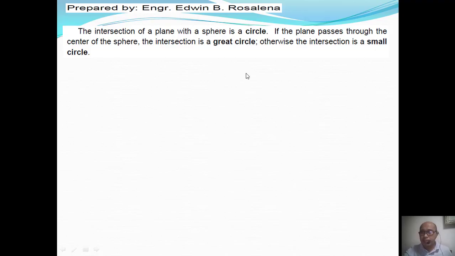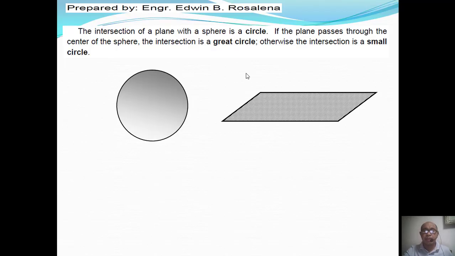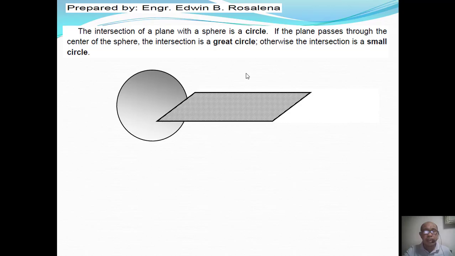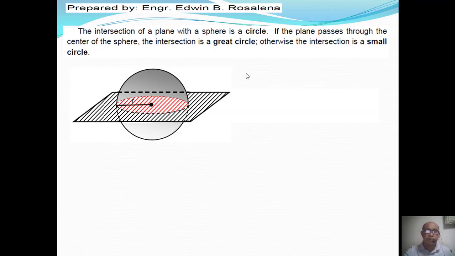I will illustrate it here now. Let us say we have a sphere, and then we cut the sphere by a plane. If the plane passes through the center of the sphere, the circle registered in between the sphere and the cutting plane is what we call a great circle. Obviously, the radius of the great circle is equal to the radius of the sphere, that is r.